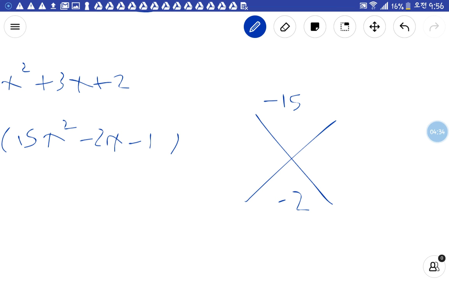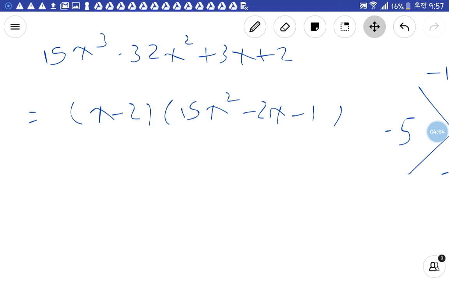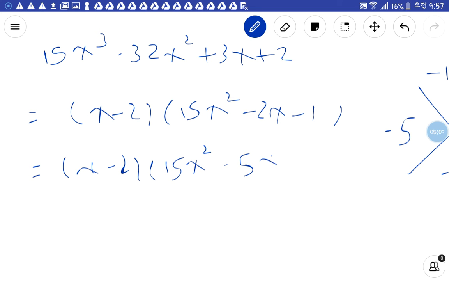Which two numbers multiply to negative 15 and add to negative 2? It seems like 3 and 5 will make 15 and they are 2 apart. But I have a negative 2, so 5 should have the negative sign. Now I can rewrite my expression as 15x squared minus 5x plus 3x minus 1.